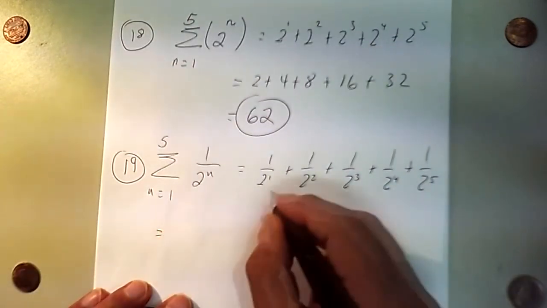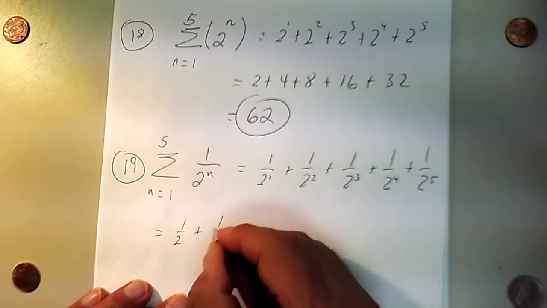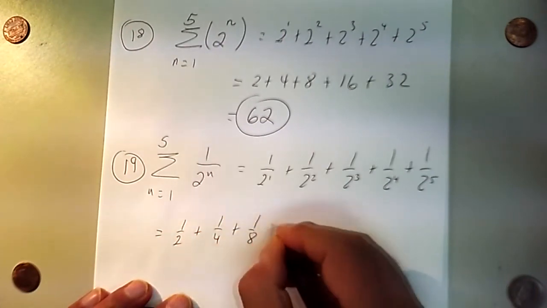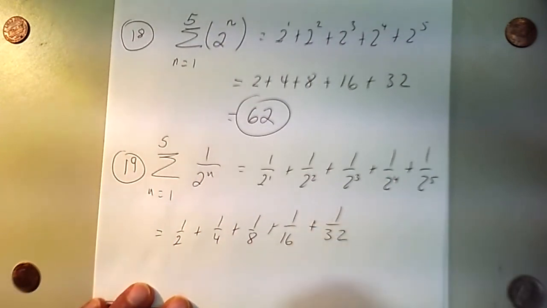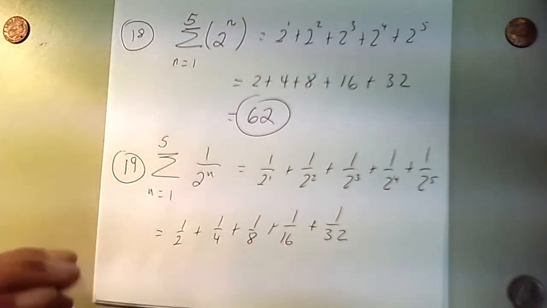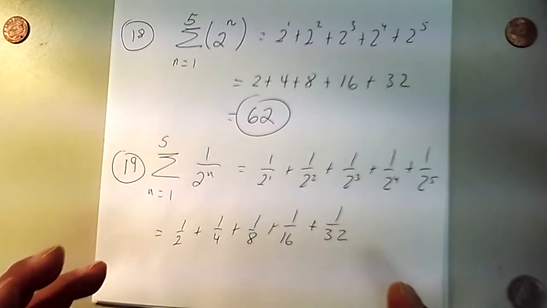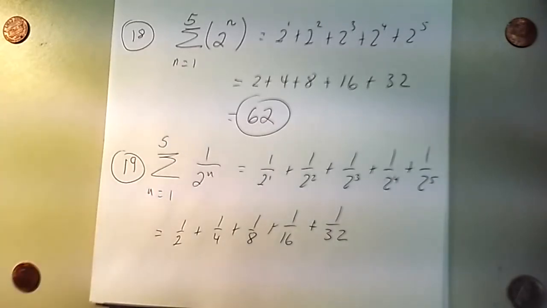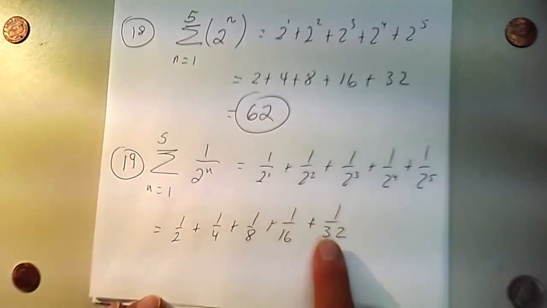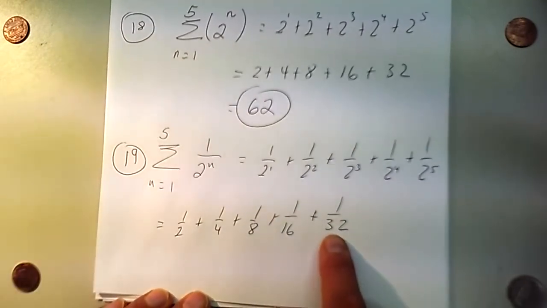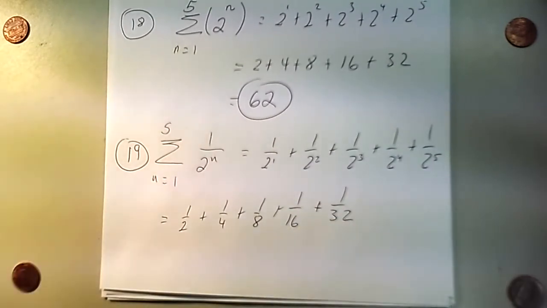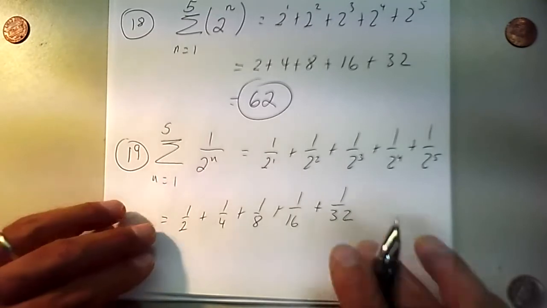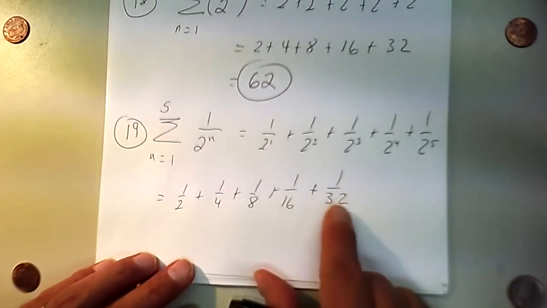So that is half plus a fourth plus an eighth plus 1/16 plus 1 over 32. The only way we can add or subtract fractions is if we have a common denominator. So 32 is the least common denominator. Don't multiply all of that out because that's going to get too massive. So 32 will do.